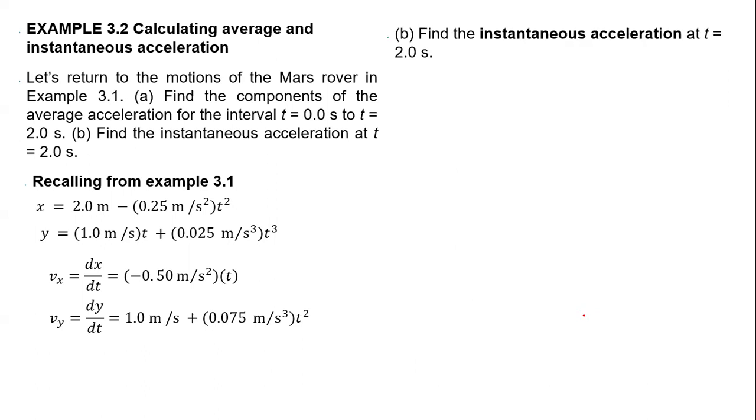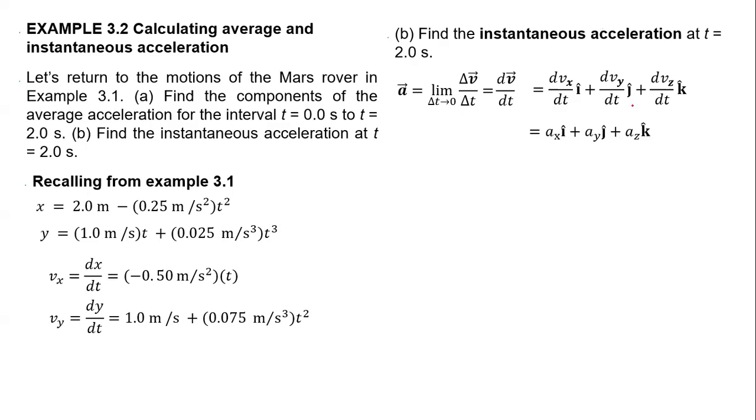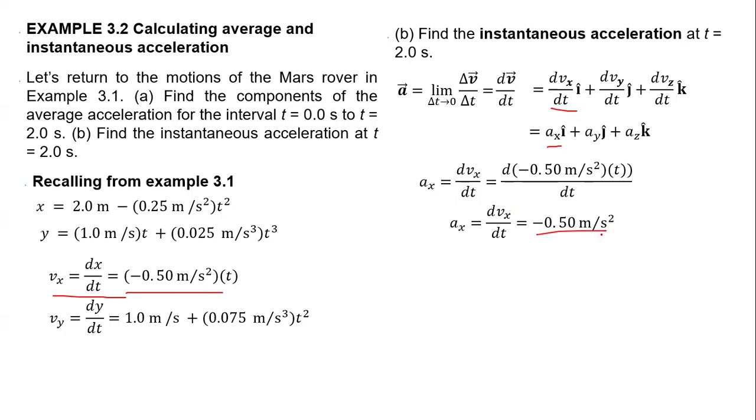Now find the instantaneous acceleration at t equals 2.0 seconds. We know that the acceleration is just the derivative of our velocity with respect to time. This is the expansion of that in three dimensions. To get first the x component, the ax, or dvx over dt, we differentiate this function. The derivative of this will be just the constant, negative 0.50 meters per second squared.